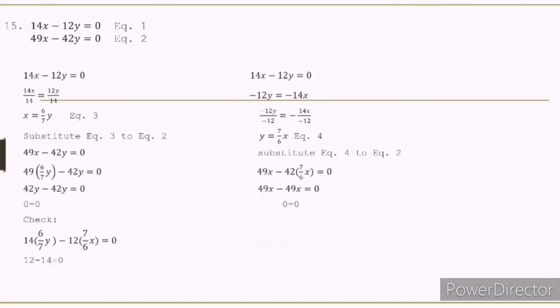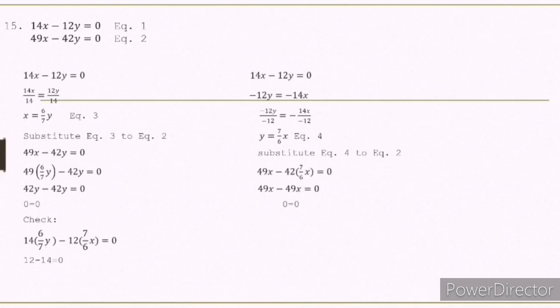Number 15. Our first equation is 14x minus 12y is equal to 0. Equation 2 is 49x minus 42y is equal to 0. First is to transpose negative 12y from equation 1.